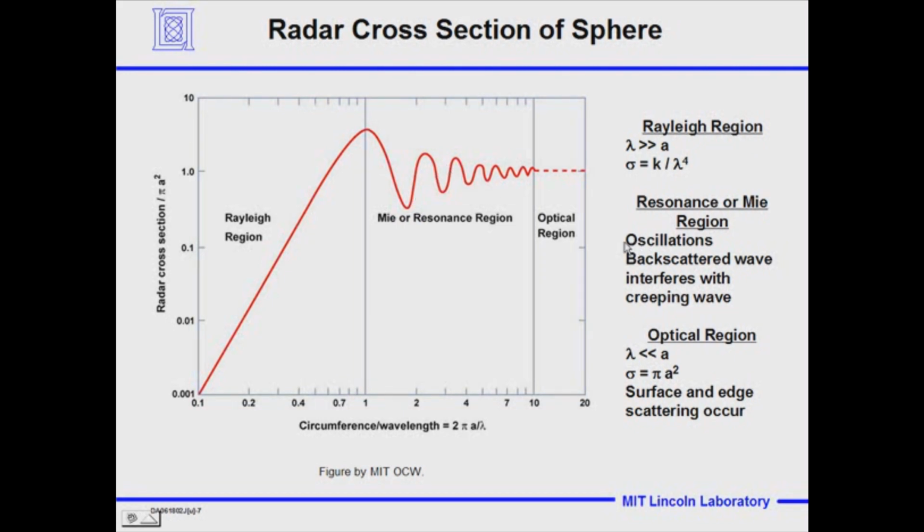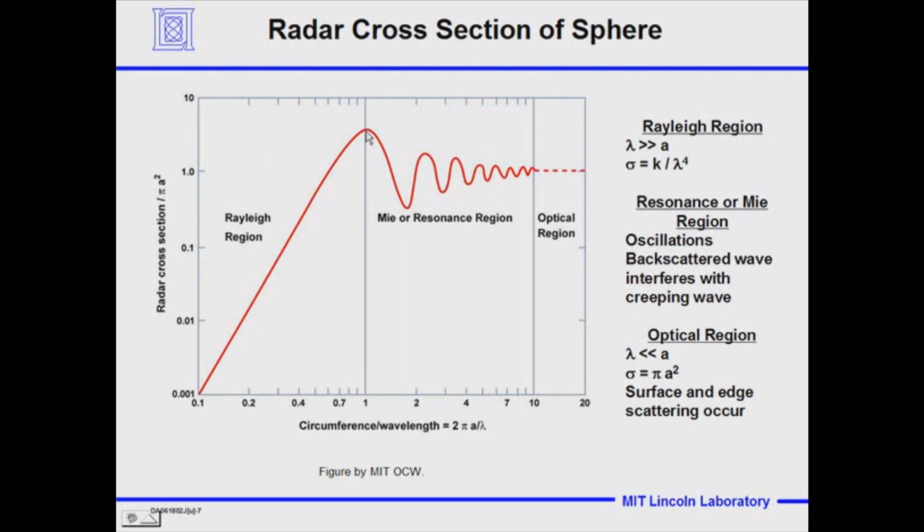The backscattered wave that comes back from the sphere is the sum of the backscatter wave from the tip of the front part of the sphere, and a wave that creeps around the back of the sphere and comes back. As it creeps around the back and comes back, it's going to interfere constructively or destructively, depending upon the size.